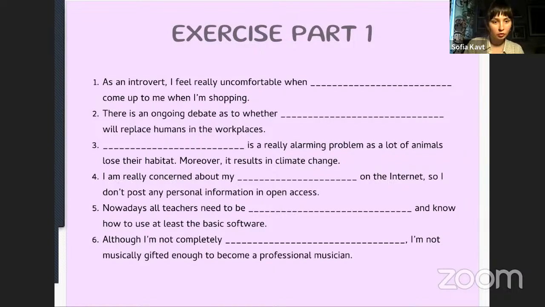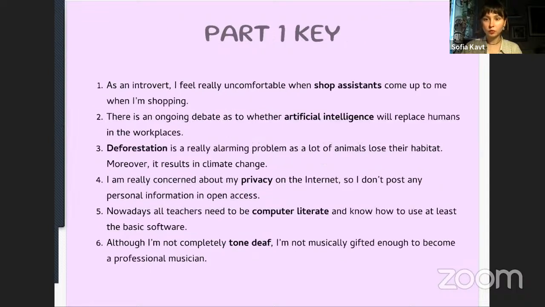Okay, let's do a couple more. All correct. So here are the keys.